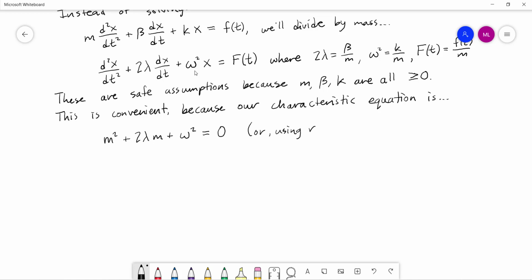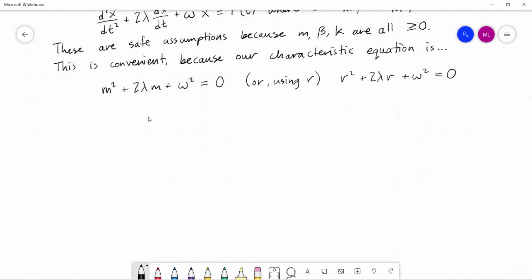If we were to use r instead, it would be r squared plus 2 lambda r plus omega squared equals 0. Either way, our goal is to solve for these values, r or m, and see what the form of the solution will ultimately take. So let's solve for this.